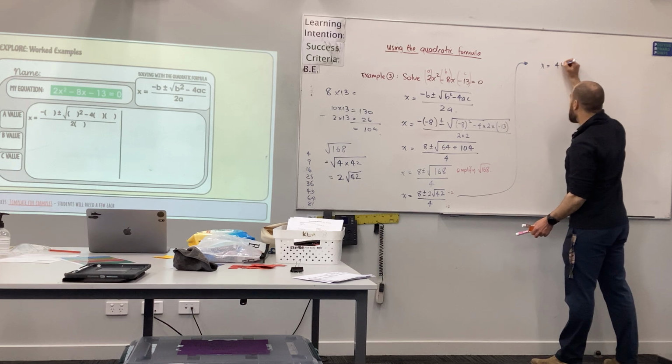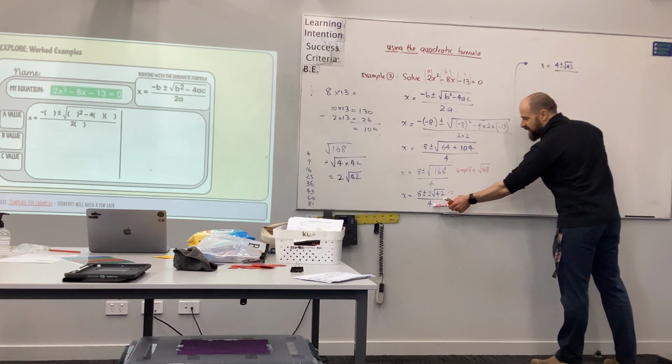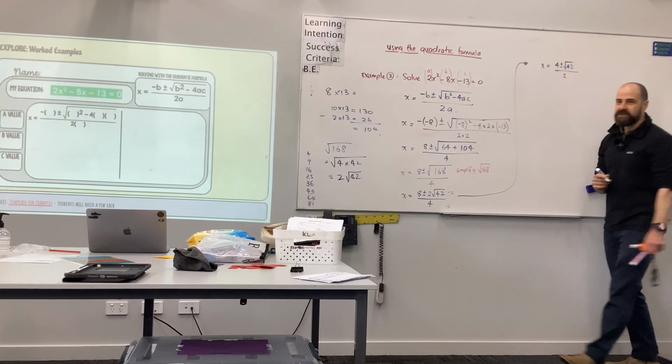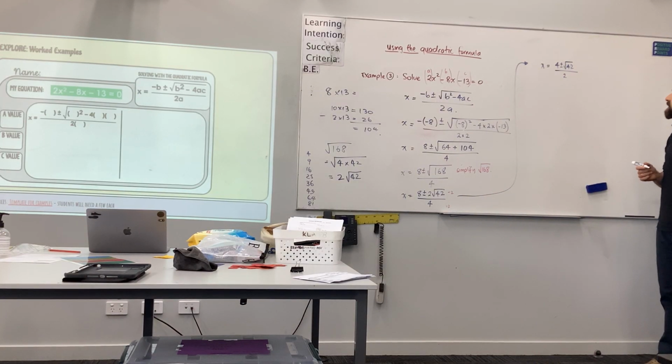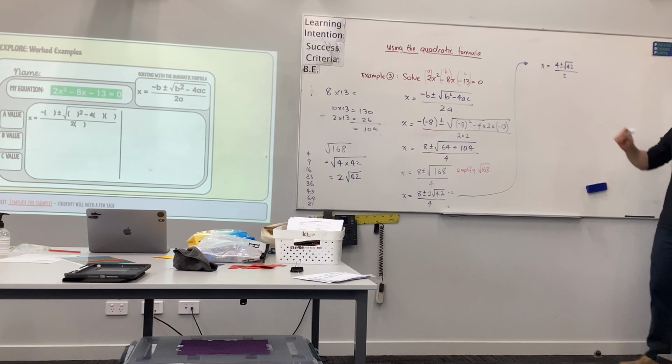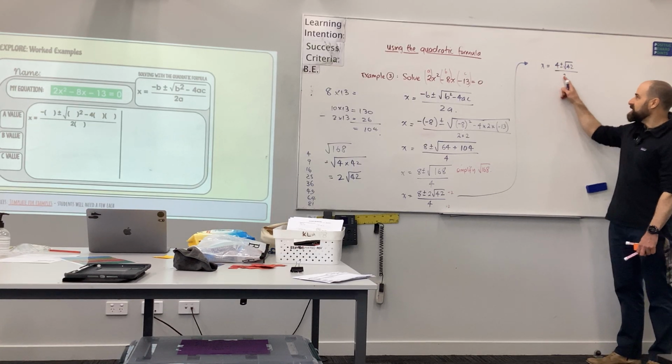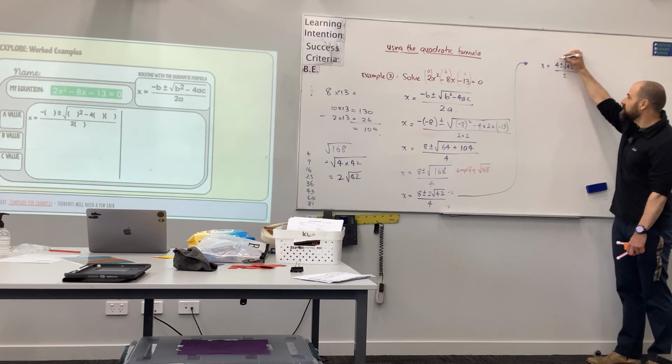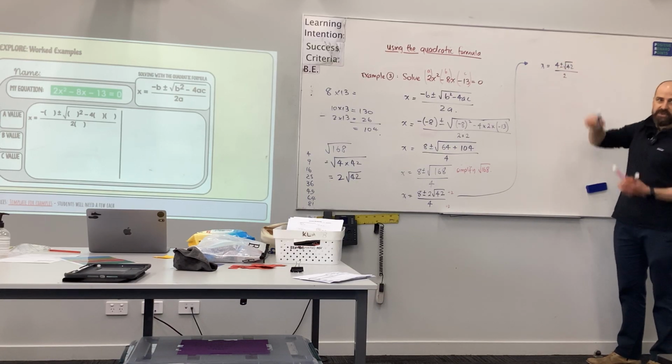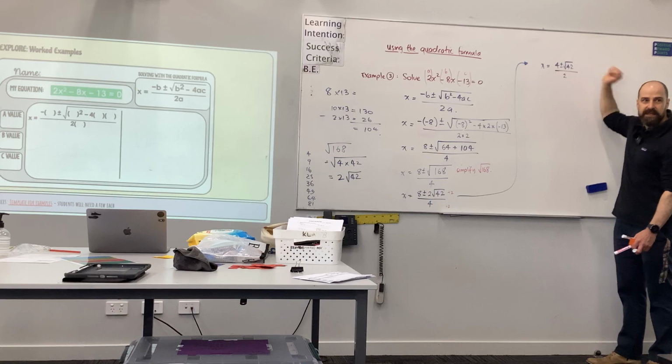I get 4 plus or minus the square root of 42, divided by 2 over 2. I can't just divide these ones by 2 because I need to divide the entire top line by 2. I can't just split it up and do that part.